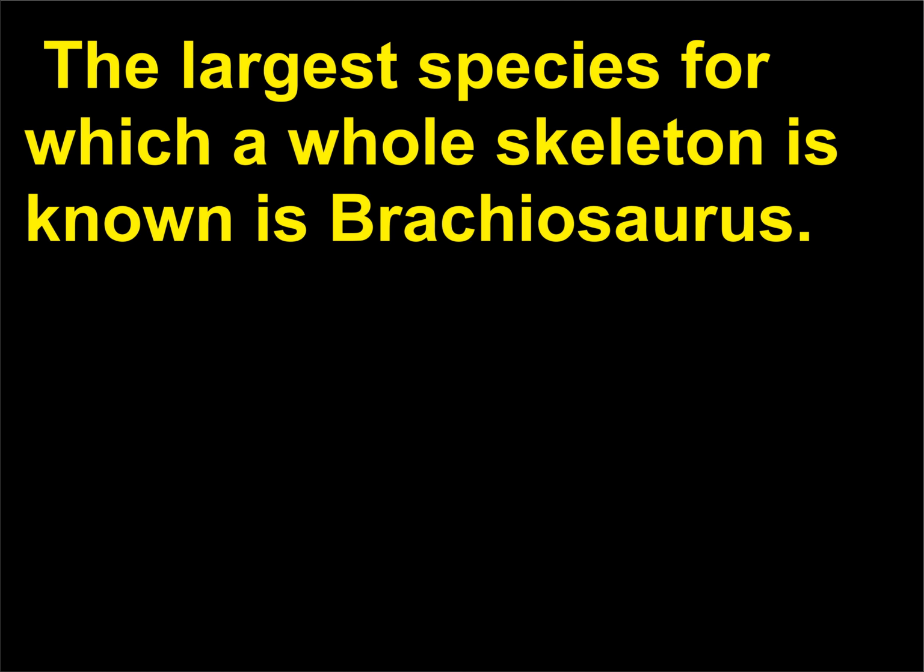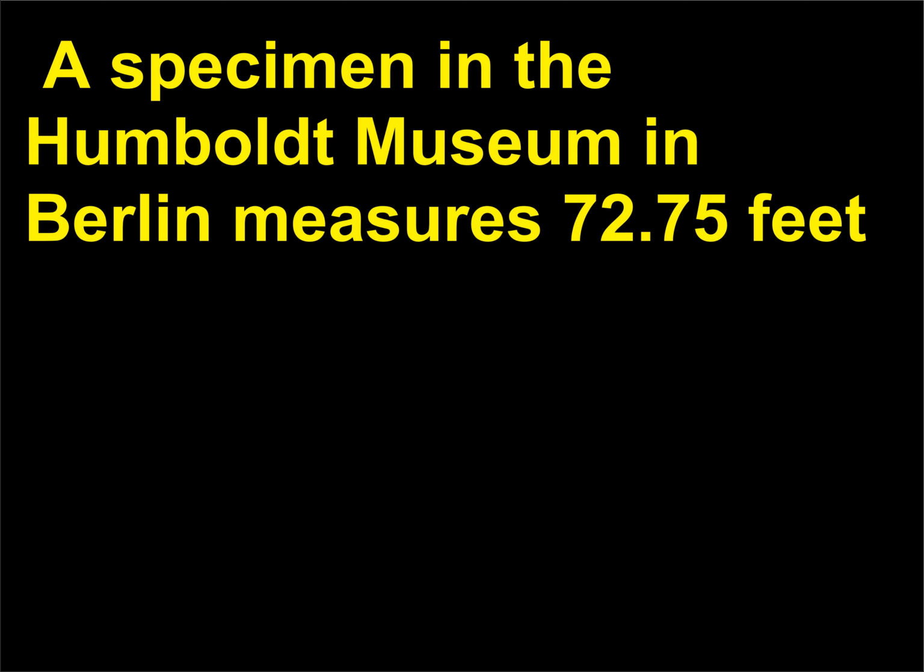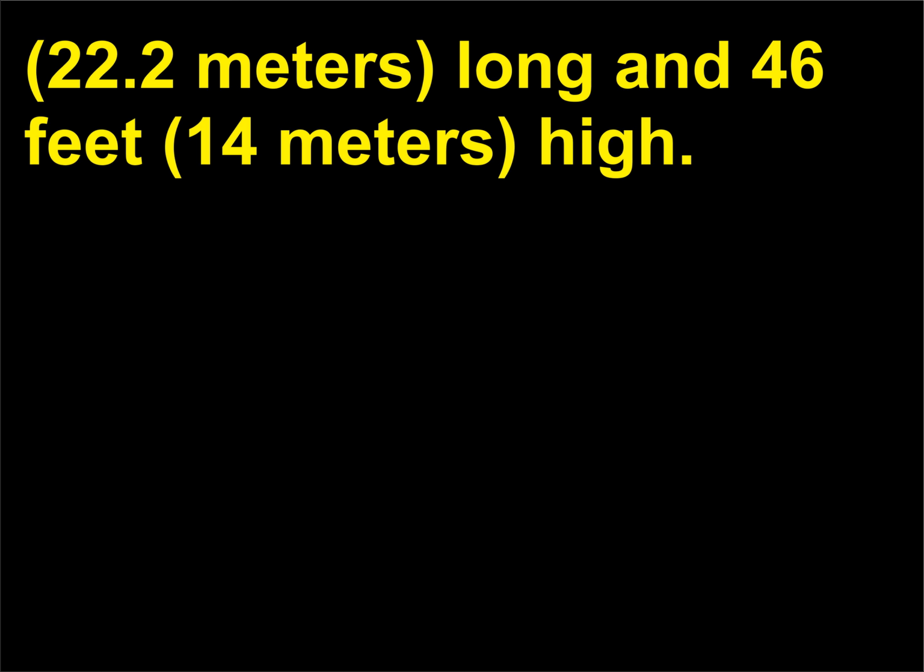The largest species for which a whole skeleton is known is Brachiosaurus. A specimen in the Humboldt Museum in Berlin measures 72.75 feet, 22.2 meters, long and 46 feet, 14 meters, high.